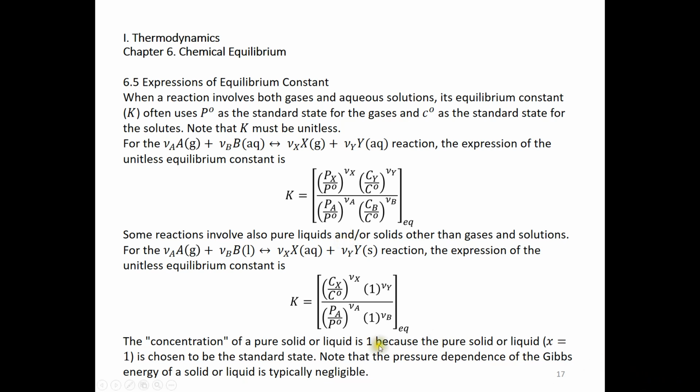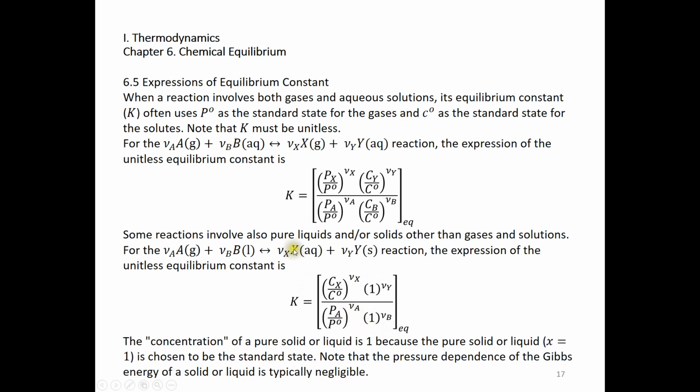Actually, we're using the mole fraction of pure liquid and pure solid, which is just 1. And now we have this kind of expression for the equilibrium constant. So let's say B is a pure liquid, Y is a pure solid. For B it's just 1, and for Y it's also 1. Again, Y is pure solid, B is pure liquid, so they're just 1.